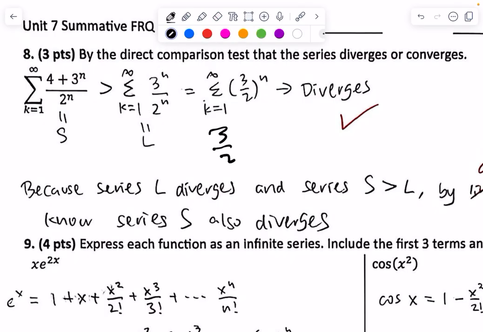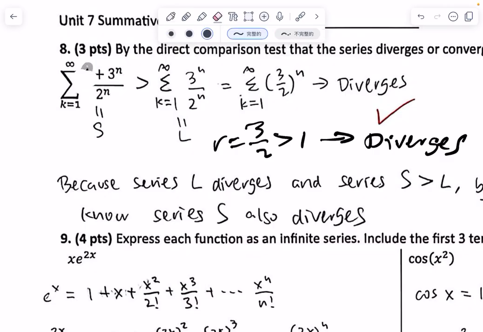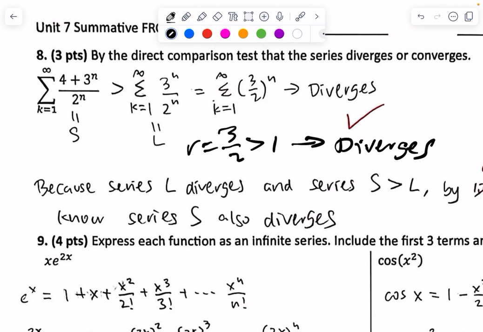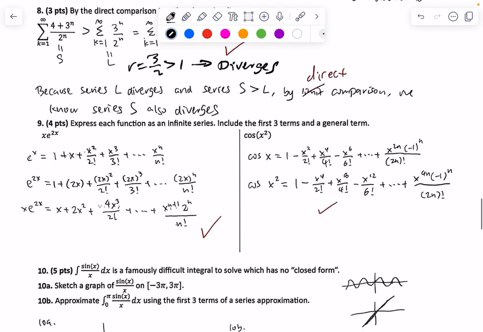And because 3 over 2 is greater than 1, this one diverges. But our actual series is greater than the new series, because there is a plus 4 on the numerator. Because series L diverges and series S is greater than L, by direct comparison, series S also diverges. So that's a beautiful direct comparison problem.